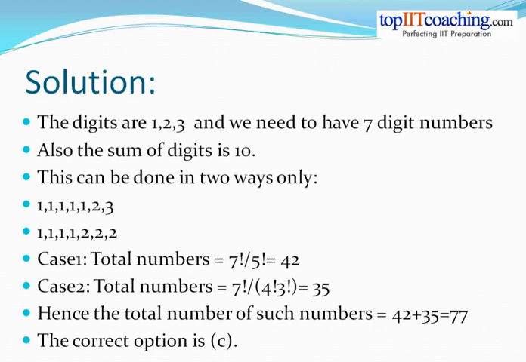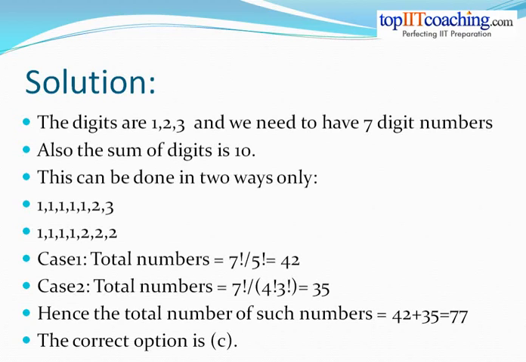If we have five 1s and one 2 and one 3, and in the second case we have got four 1s and three 2s. According to the first case, the total numbers is equal to 7 factorial divided by 5 factorial and that is equal to 42, and according to the second case, the total numbers is equal to 7 factorial divided by 4 factorial into 3 factorial, and that is equal to 35.